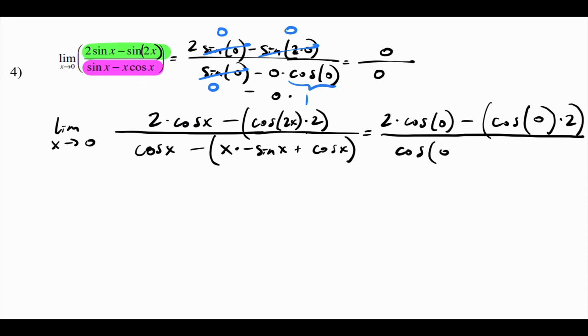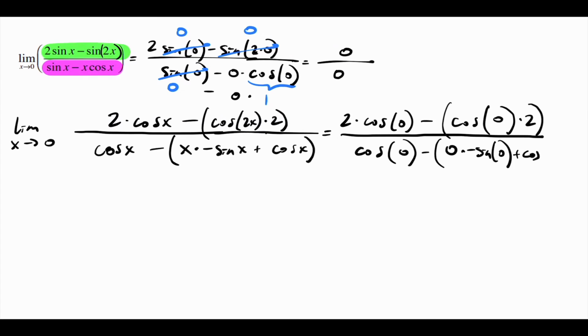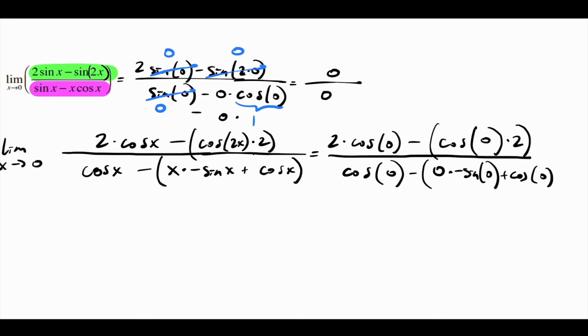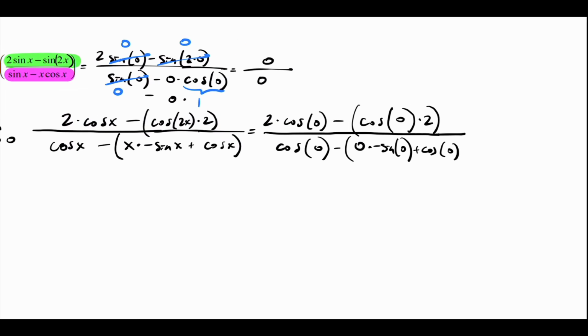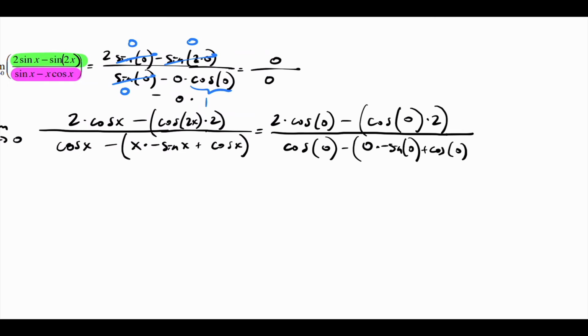Cosine of 0 minus 0 times negative sine of 0 plus cosine of 0. Cosine of 0 is 1. So 2 times 1 minus cosine of 0 is 1 times 2. 2 times 1.